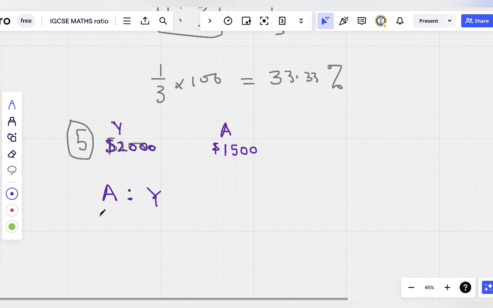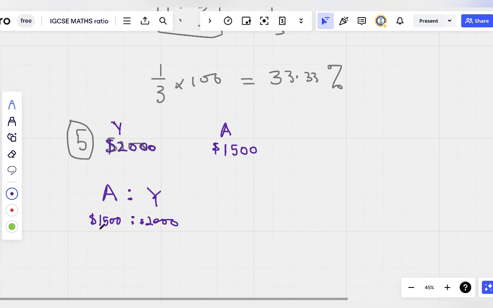So Aisha's is $1,500 a month, and Yusuf is $2,000 a month. Now, what's the ratio? Ratio means we have to simplify to the nearest form.